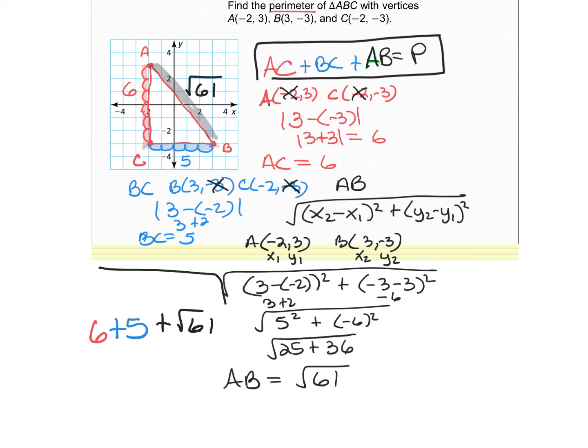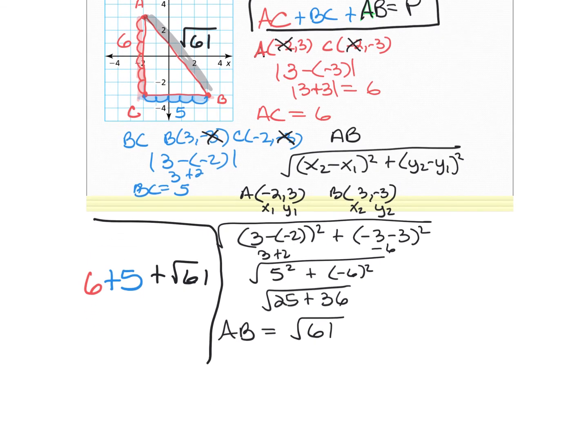When you go to add square roots, if the other numbers do not have the same square root, you can't combine them. The only thing I can combine here is the 6 plus 5. That would give me 11, and I leave the square root of 61 alone. So the perimeter of this triangle is 11 plus square root of 61 units.